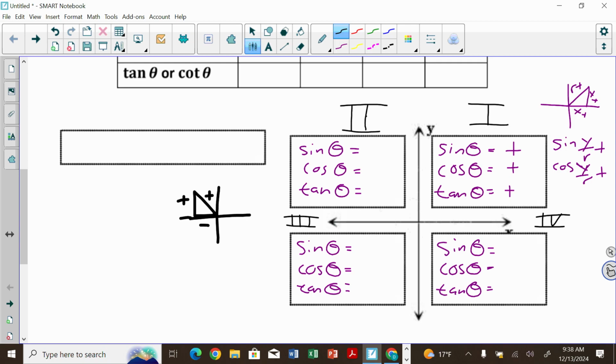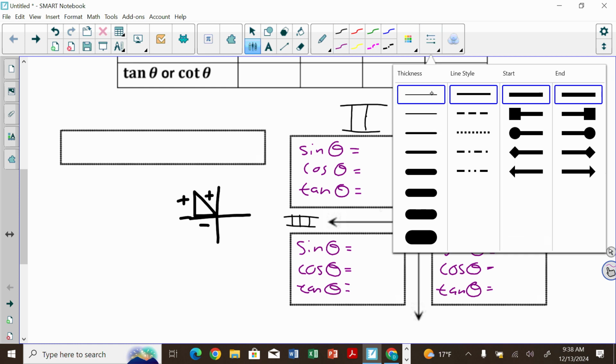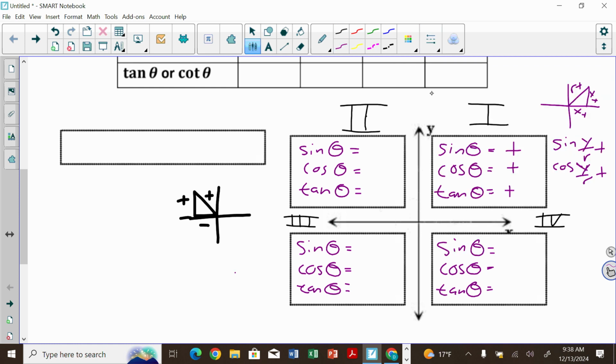So for quadrant 2, my sine value is still going to be positive, because it's positive over positive. Cosine is x over r, which would be negative then. And tangent is opposite over adjacent, so tangent would be negative as well.